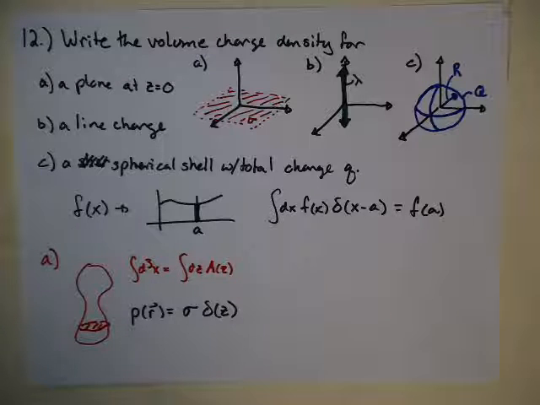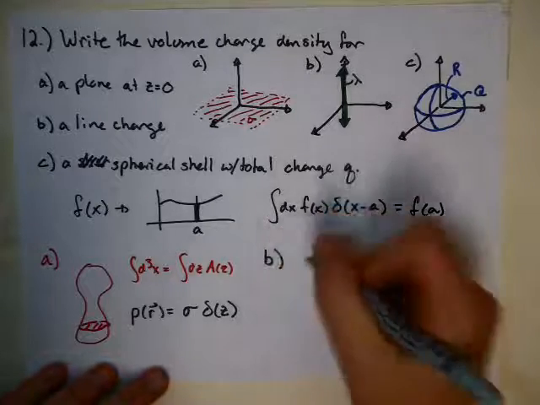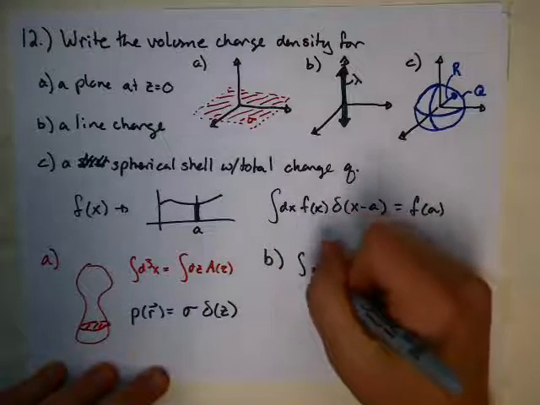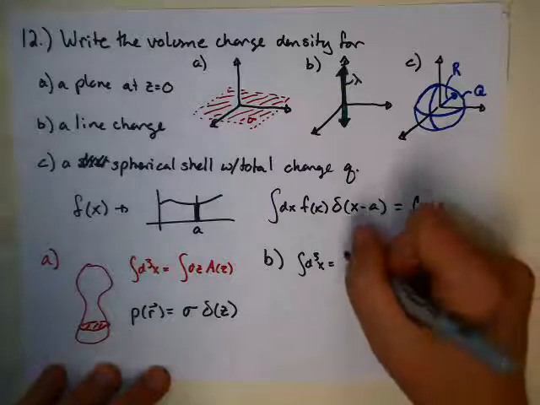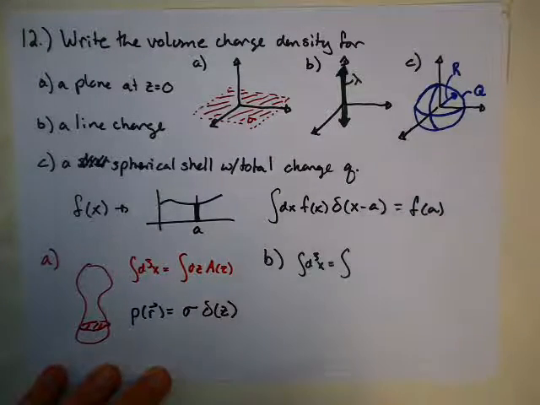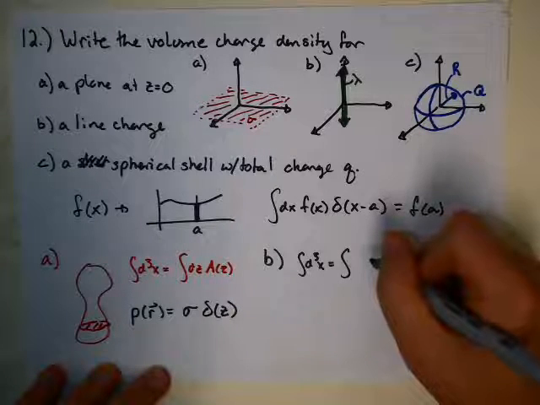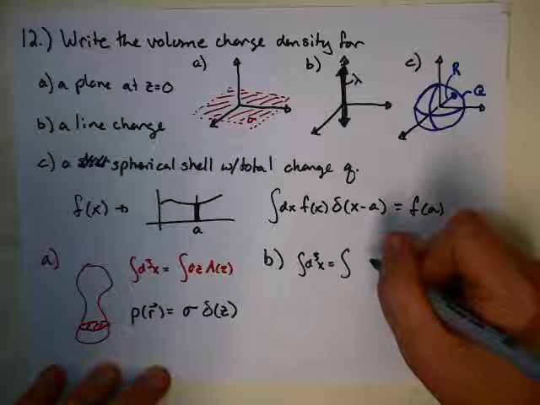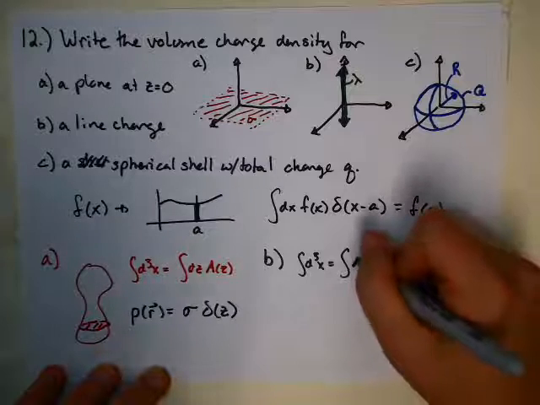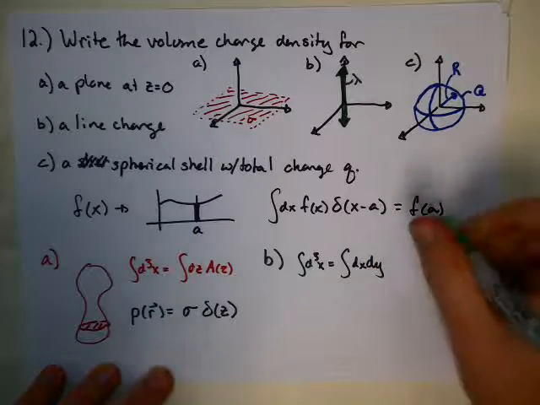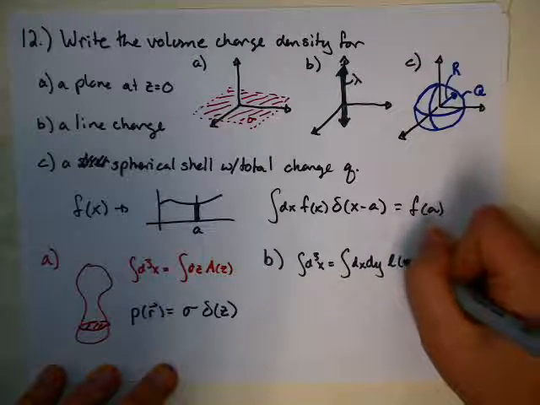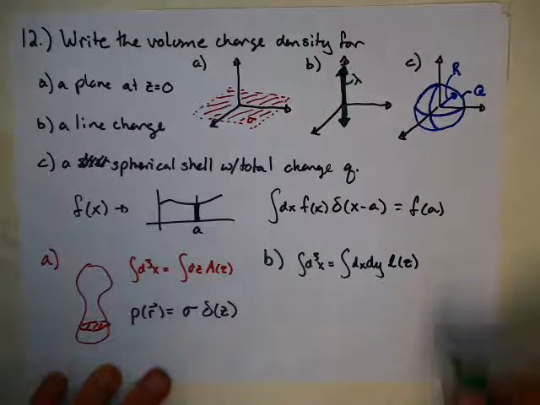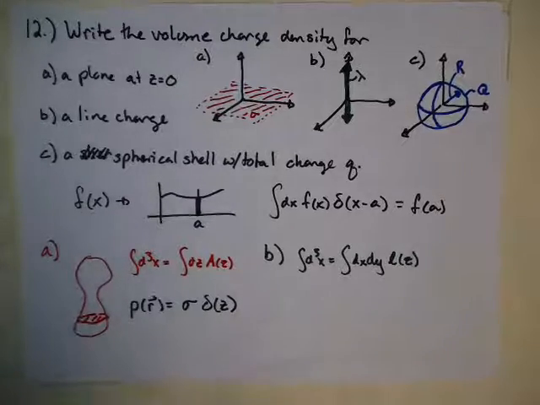I'm going to use the same justification for part B. And that is if I have an integral of d3x, and I want to write this as an integral of dx dy times some length function L of z, and I want to pick that out for x and y.